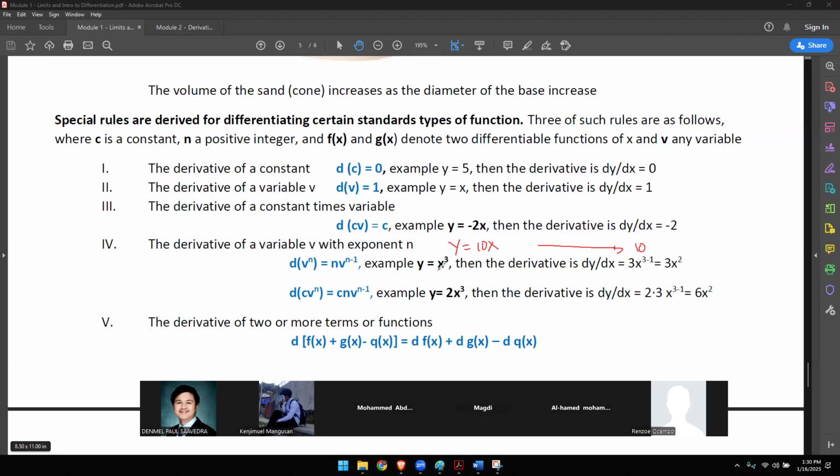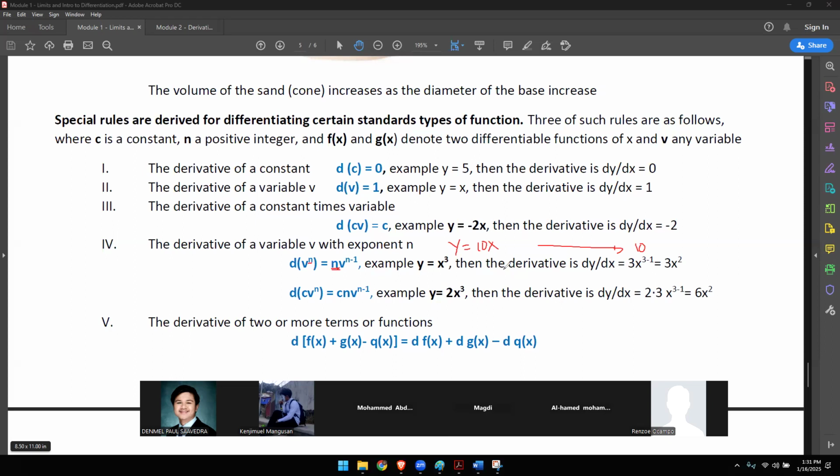Like for example, this one. This one has a constant of 1 by default, and then an exponent of 3. If we are going to derive this one, just bring down the n from the exponent, and then deduct 1 from our exponent.